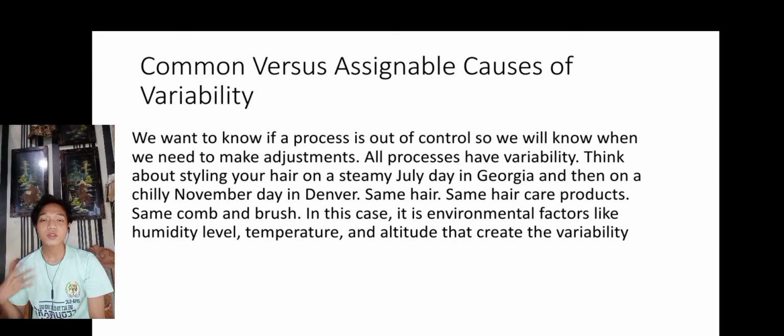Common causes, also known as natural causes, are the purely random, unidentifiable sources of variation that are unavoidable in a specific process. In addition to environmental factors, there may be machine limitations or vibrations, as well as human factors that are inherent in the process. A process is robust if it is not susceptible to common causes of variation over the long term.